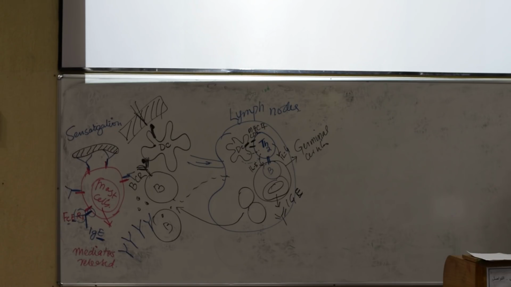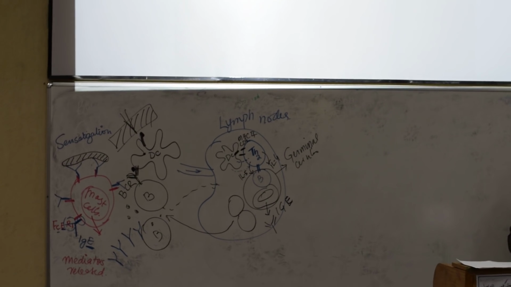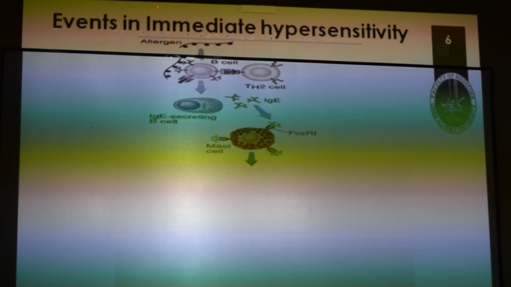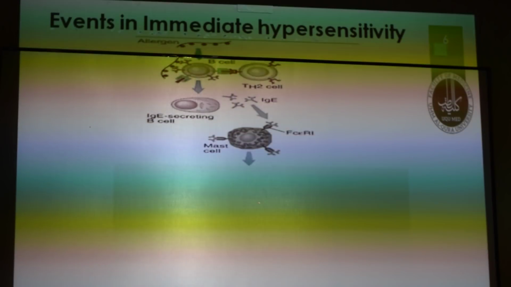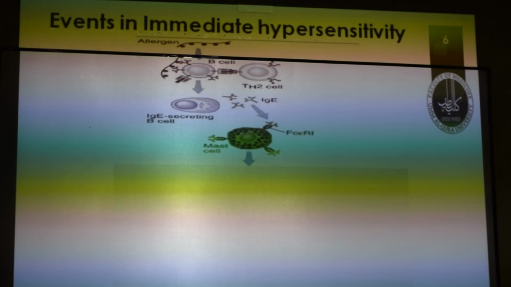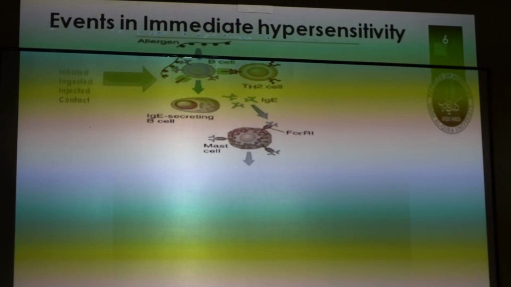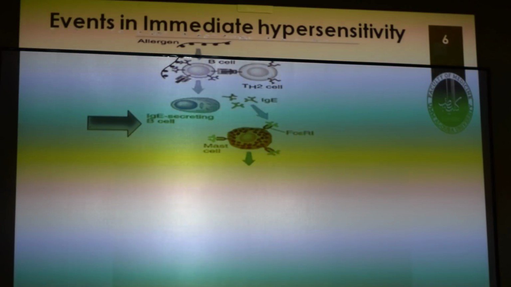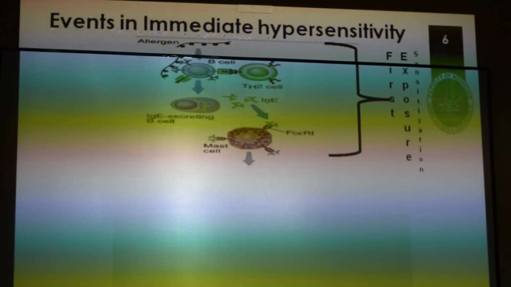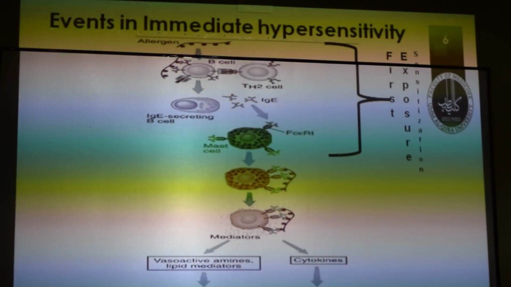Now if you see in this figure, here we have started directly with the allergen coming here, and it is binding to the B cell, and as a result, they have directly shown that IgE secreting plasma cells are there, and mast cells have got Fc epsilon R1. So the first exposure has resulted in sensitization. After sensitization, what happens?